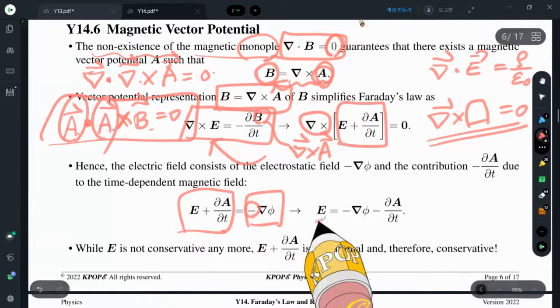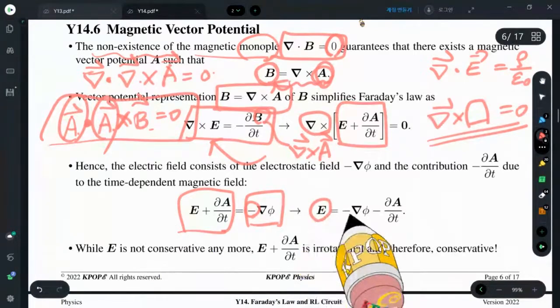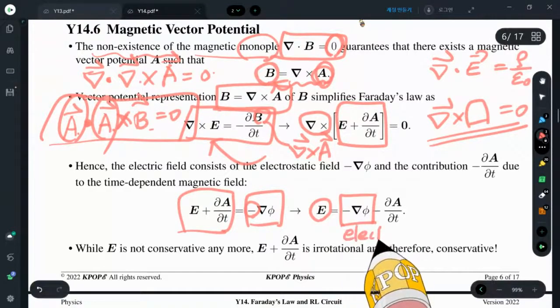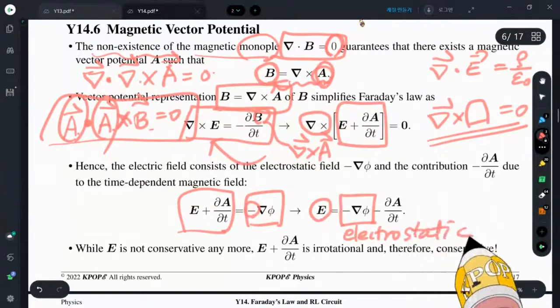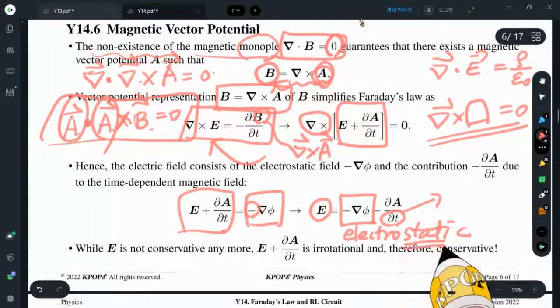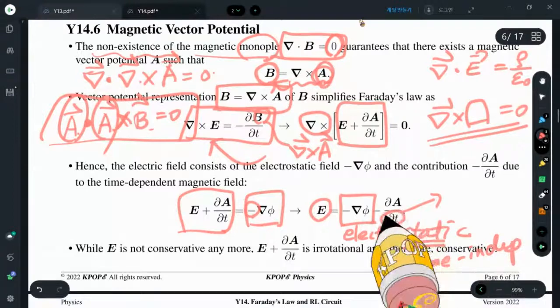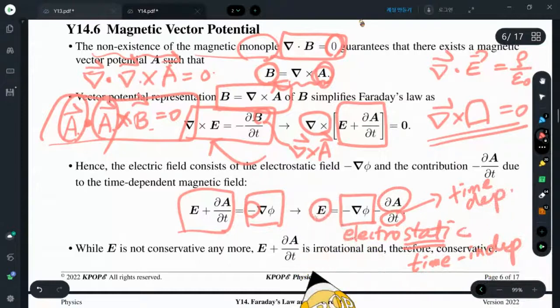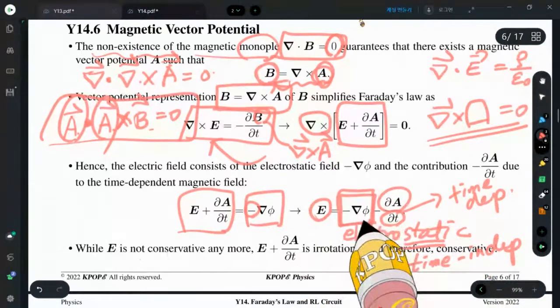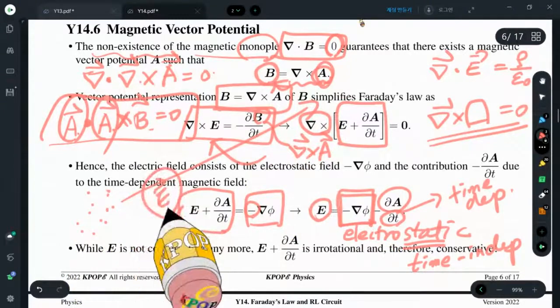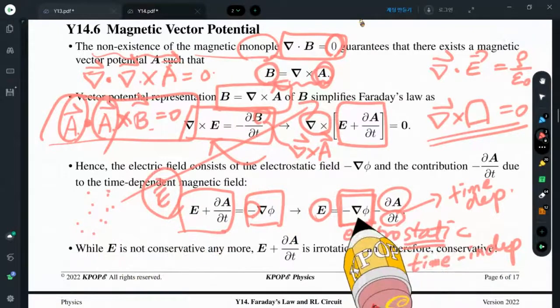As a result, the electric field is, we know this one very well, the electrostatic case. We also have the time derivative of the vector field. The electrostatic part is static, time independent, and this time derivative says time dependent. The electric field has two components. One component is the time-independent charge distribution that generates the electric field. That is the electrostatic field.